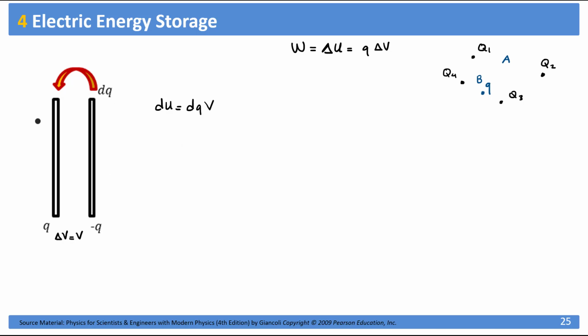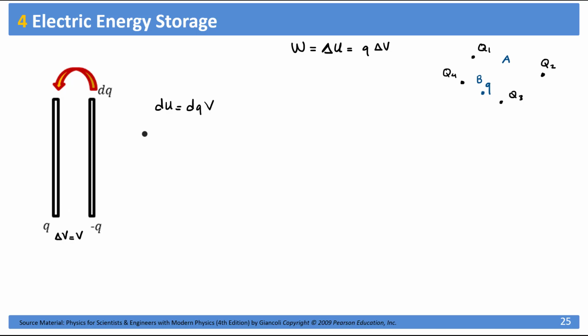And to find the total potential energy stored in a capacitor, I should start with zero charge on the capacitor, and fully charge it one dq at a time. Every single time I should calculate the change in the potential energy, and add them up until it is fully charged. So all I need to do is an integral.